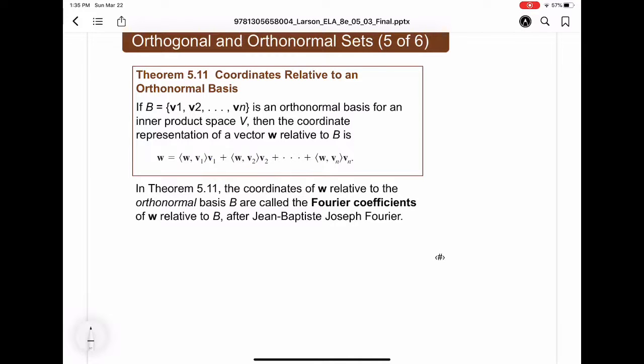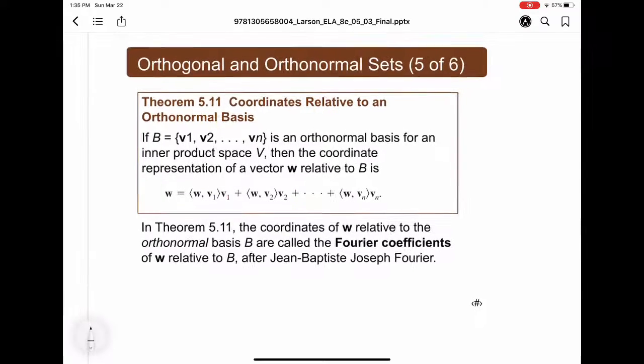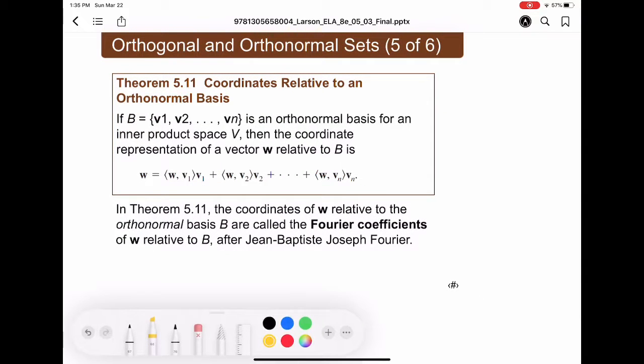If B is an orthonormal basis of an inner product space, then the coordinate representation of any vector W relative to B is this one. You express W as a linear combination of V1, V2, up to Vn. And here are the coordinates of W. It's just the inner product of W with each vector in this orthonormal basis.